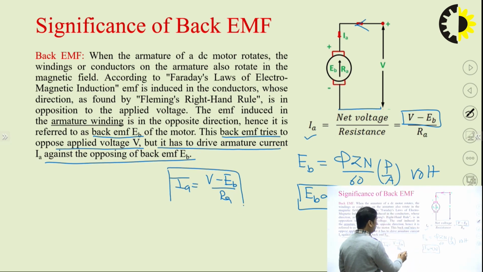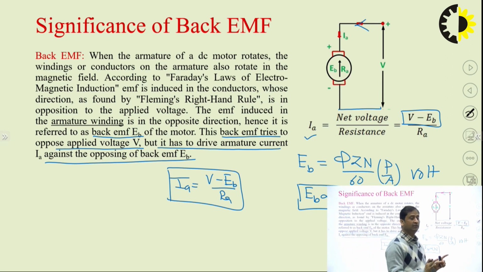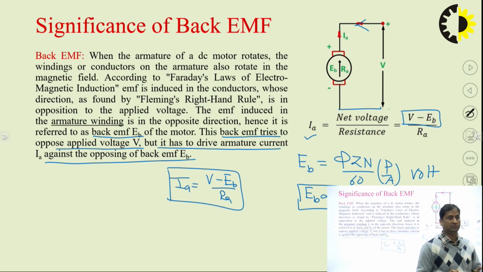This is a very important part as far as the DC motor is concerned, because this concept is only in the DC motor, not in any AC motors. So this is how we can attain the armature current.